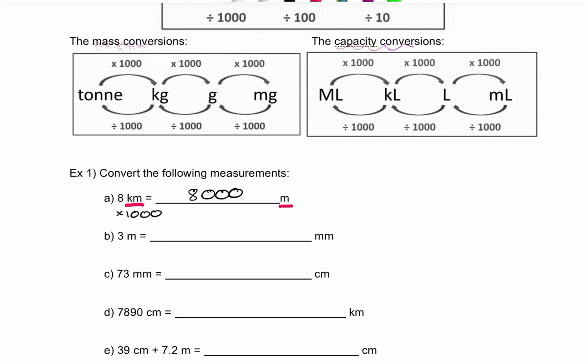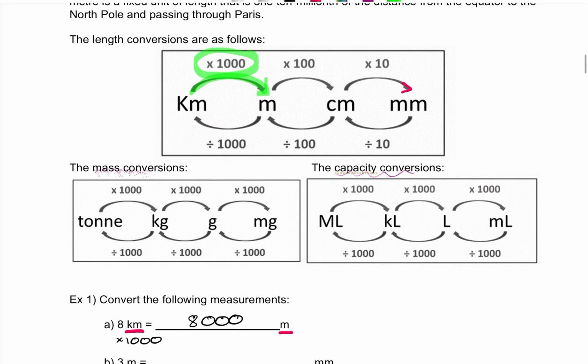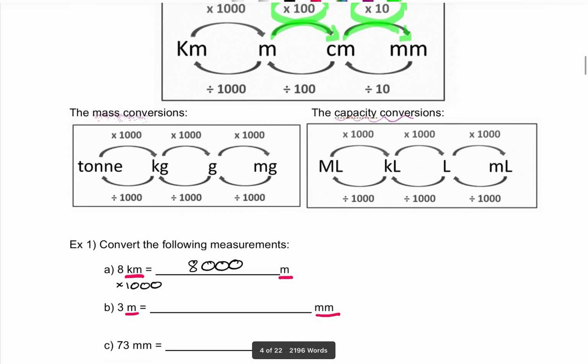All right, B, meters to millimeters. So again, let's look above. I'm going to erase the highlighting I've drawn. We are going from meters to millimeters. So what I want you to notice is there's not one single step to go from meters to millimeters. We have to go from the m to the cm, and then from the cm to the mm. So this is a two-step conversion, meaning that we are timesing by 100 and we're timesing by 10.